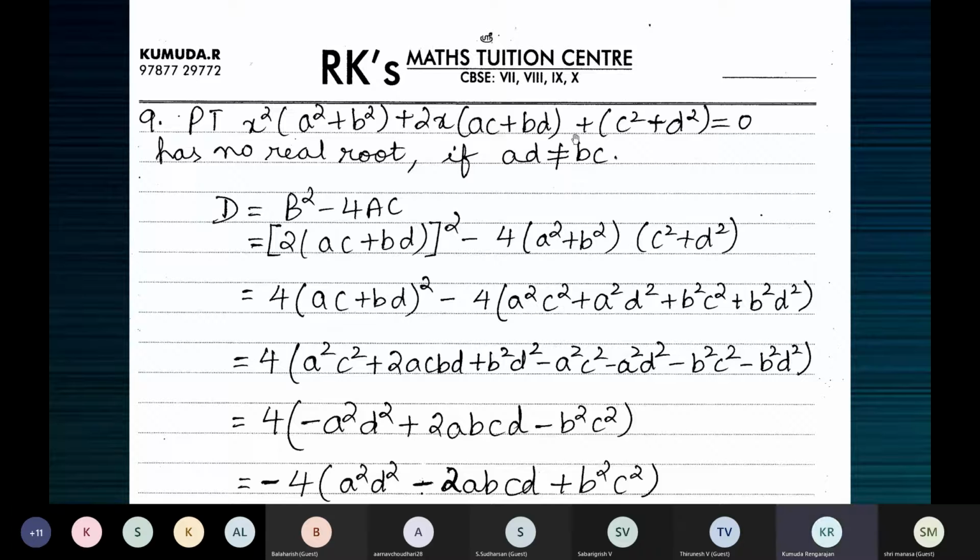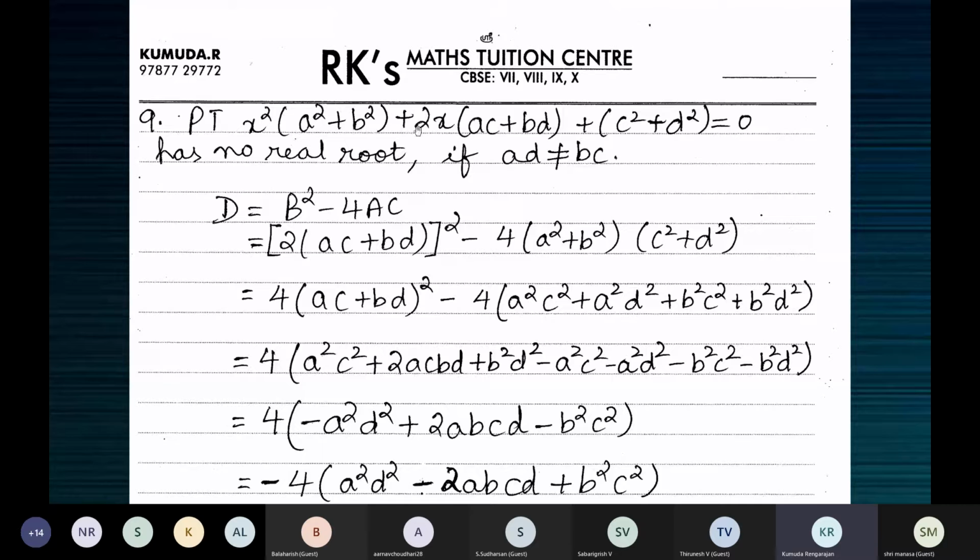This is the x term, and the coefficient of x is 2 of AC plus BD. In the x term, other than x, the rest is the coefficient of x. And the coefficient of x squared is a squared plus b squared.